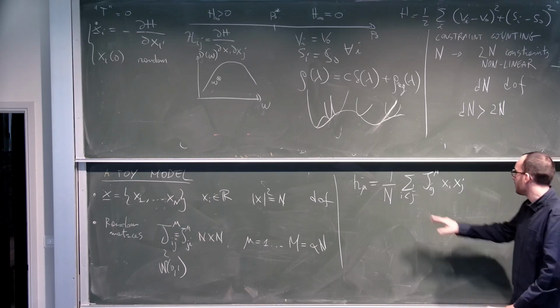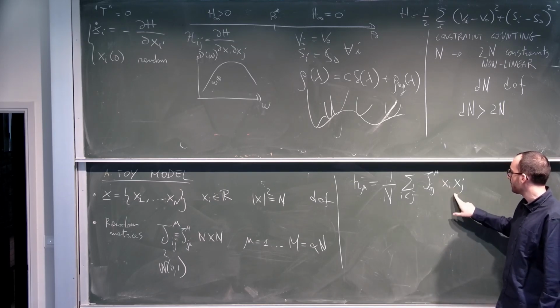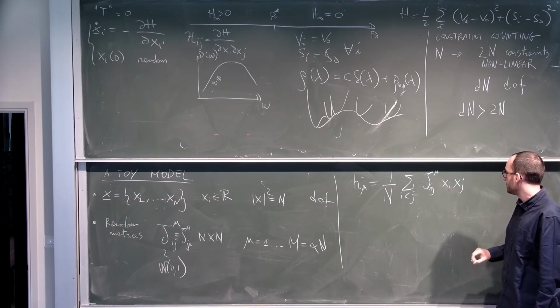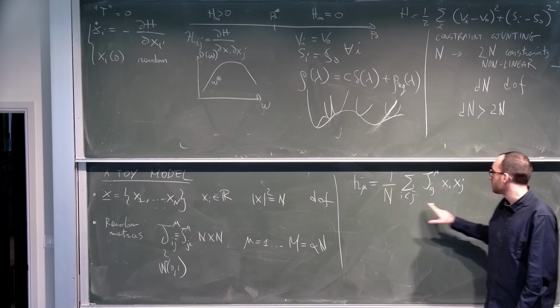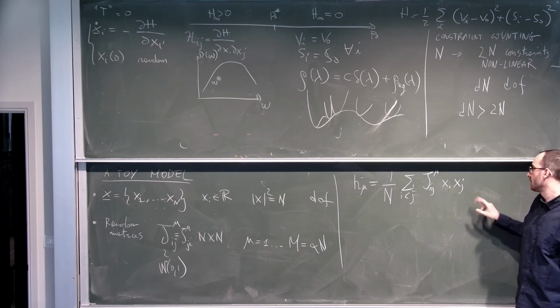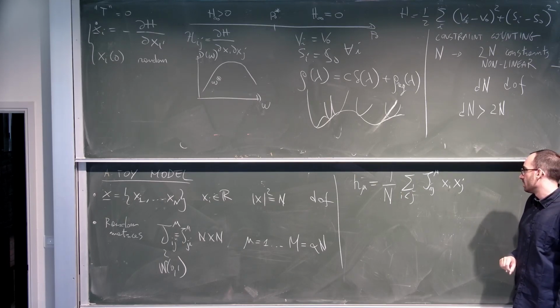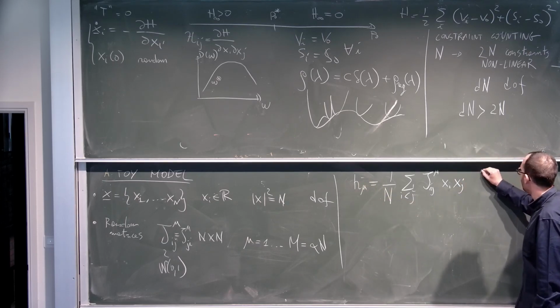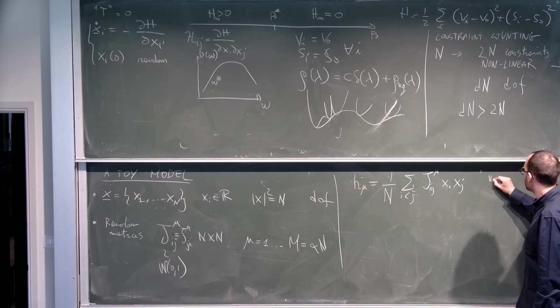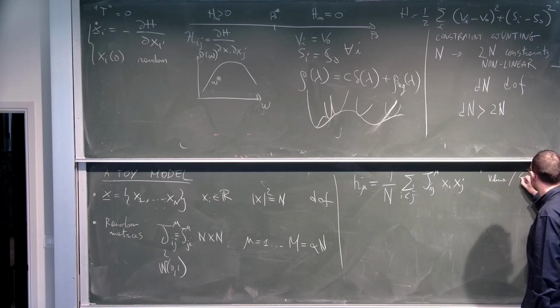This is a nonlinear function of x, of the degrees of freedom, and the factor 1 over n is such that this thing is of order 1. Morally this variable plays the role of volume or surface.